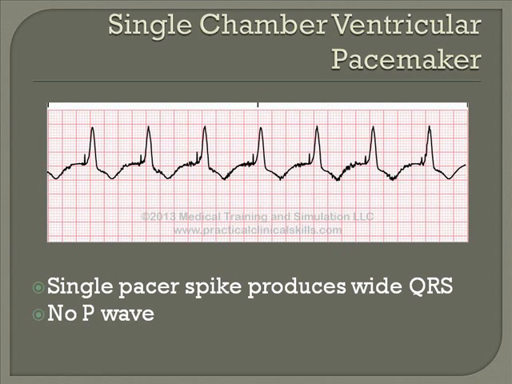Now, with the ventricular pacemaker, you won't see any P waves, and it produces wide QRSs. You'll notice the little pacer spike between each of these wide QRSs, which all happen to be regular. Usually these pacemakers work at a minimum of 60 beats a minute to maintain adequate cardiac output.